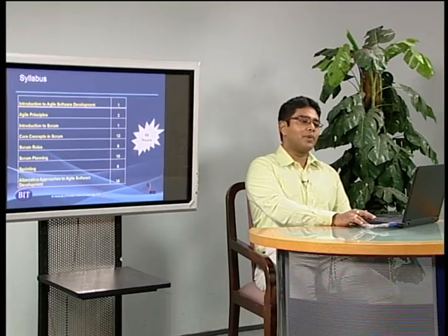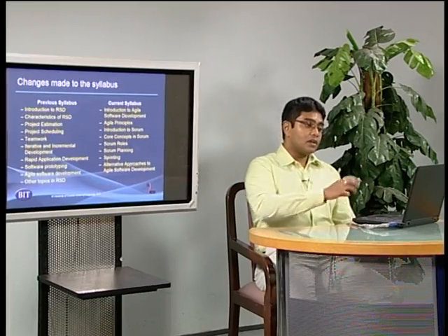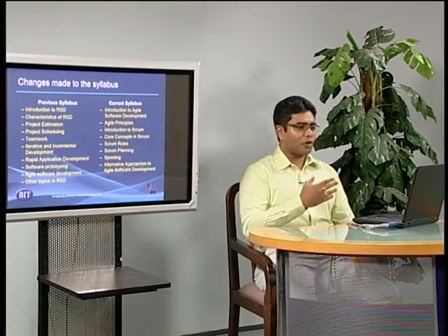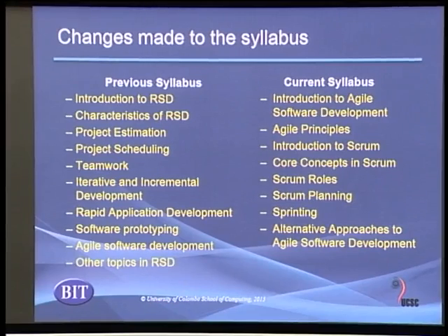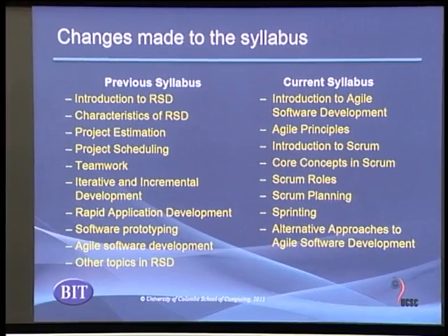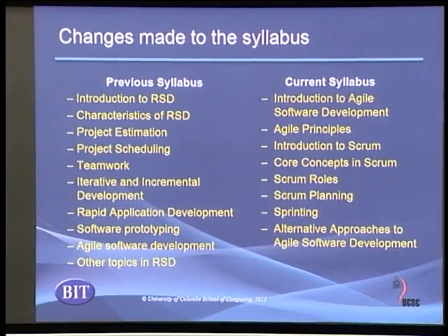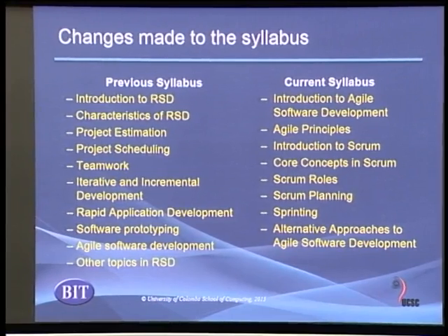Next, shall we compare the 2 syllabuses, the previous one and the new one. From the first look of it, the left side of the screen shows you the previous year's syllabus, and the right side of the screen, that is the current syllabus.